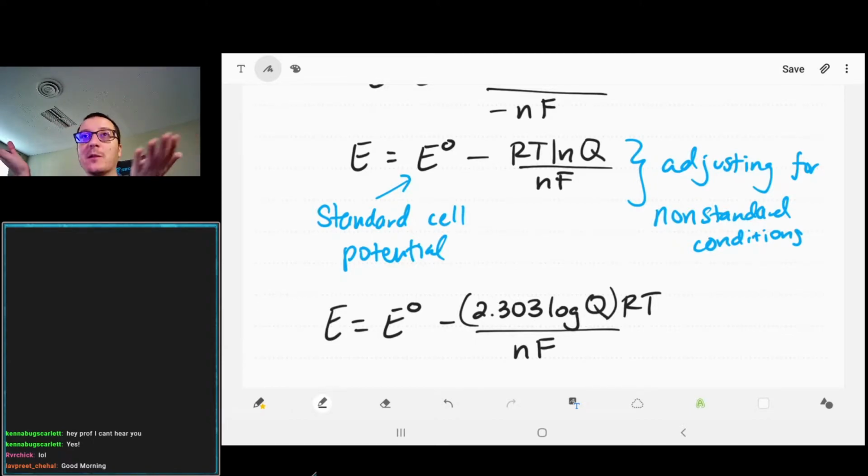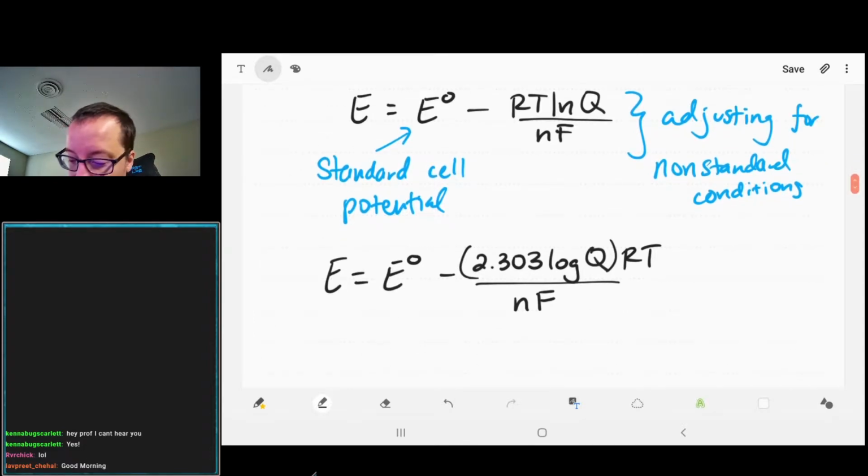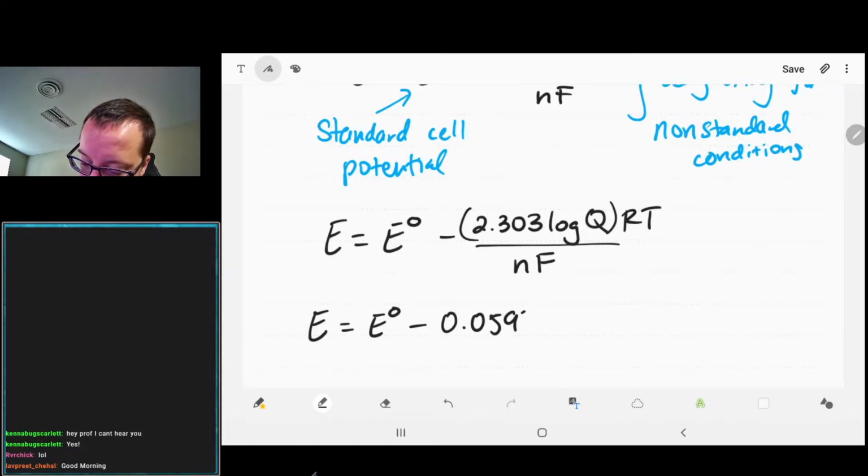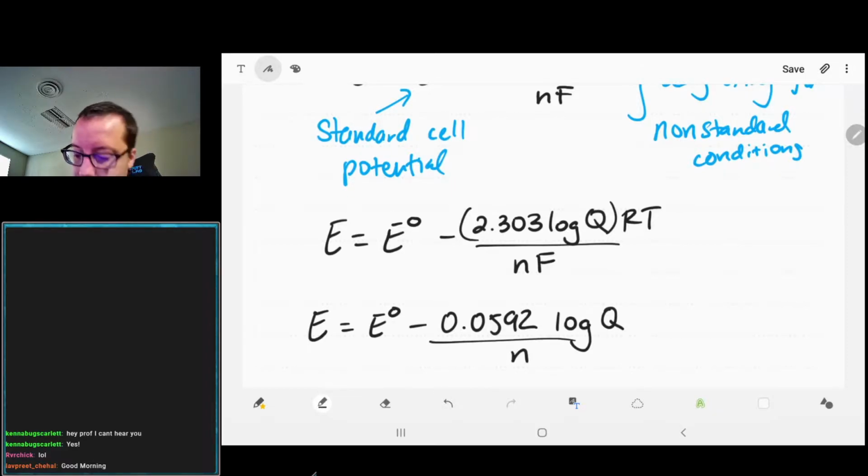And so just changing it from natural log, base e logarithm, to base 10 logarithm. I'm not really sure what the purpose of that is, because our calculators do either one the same way, but perhaps it's easier to use base 10 logs. Whatever works. And then if we want to adjust this for room temperature, for 25 degrees Celsius, we can throw in all those constants, the R, T, and F, to get, what's the number here going to be? 0.0592 log Q over n.